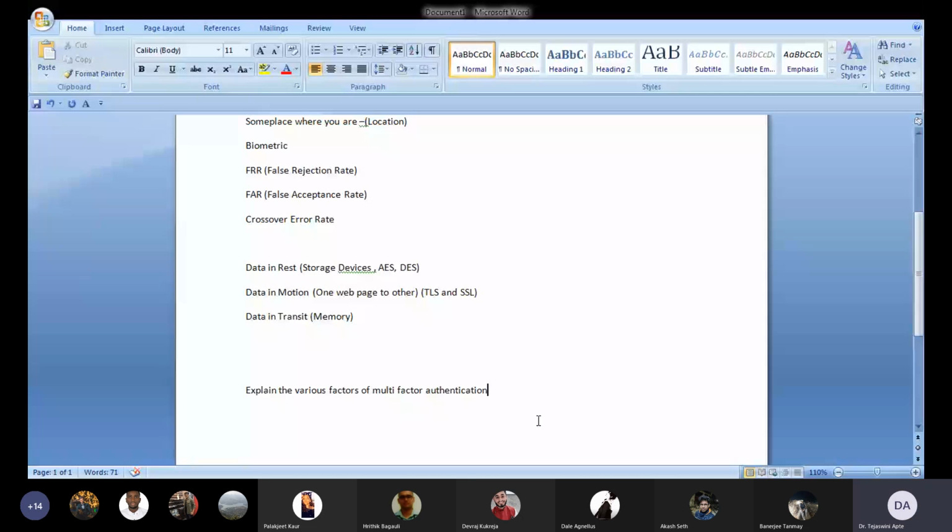The second is: explain the Kerberos authentication process along with the vulnerabilities introduced.